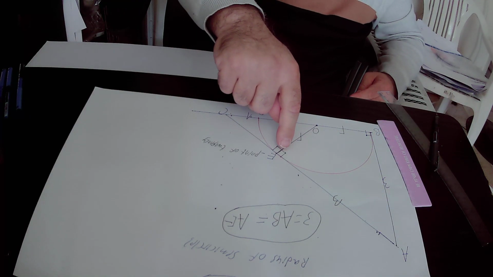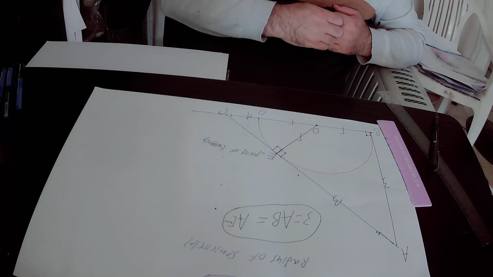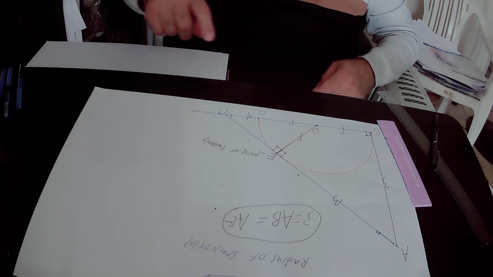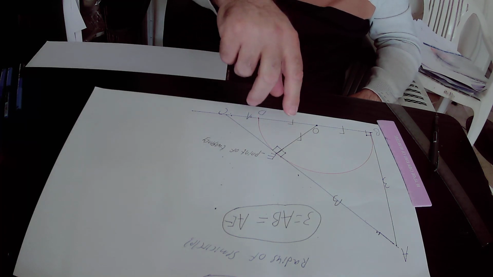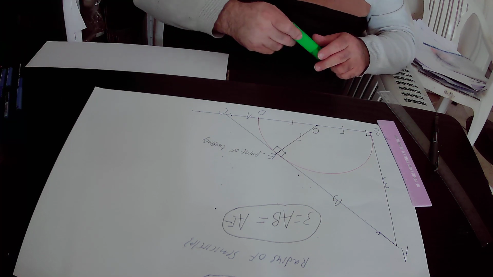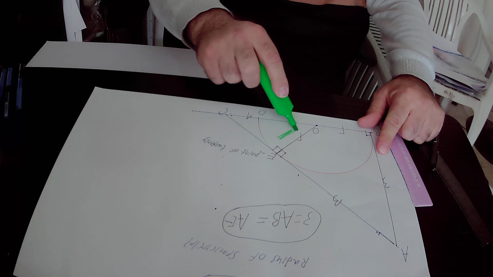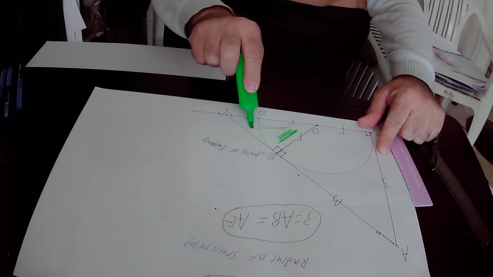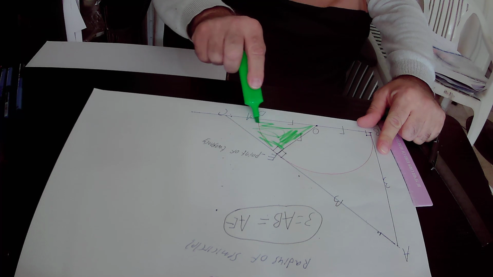So because angle OEC equals 90 degrees, triangle OEC is a right triangle. Okay, triangle OEC is a right triangle. So the green triangle is a right triangle because it has one angle that equals 90 degrees.